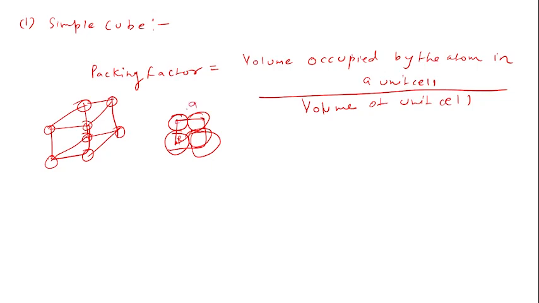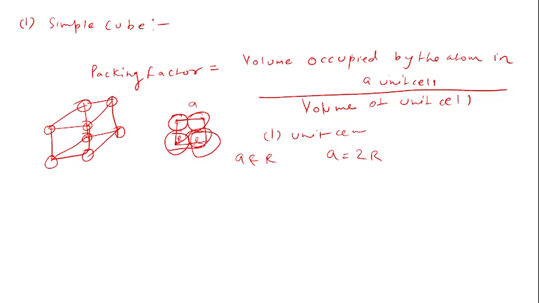Firstly, we will calculate the number of atoms. There is one atom in the unit cell, and you have to find the relation between a and r. This is also r, this is also r. So a will be 2r for the simple cubic.